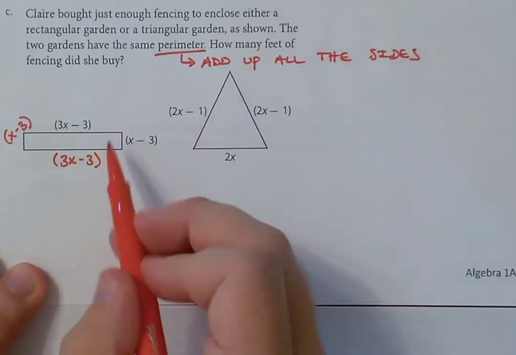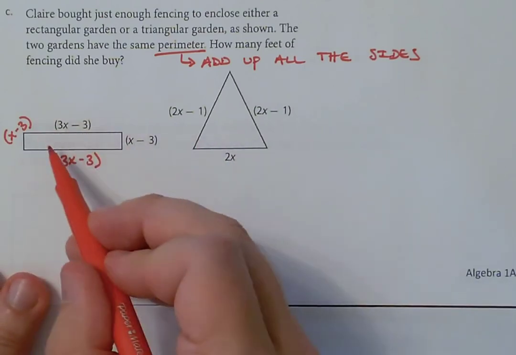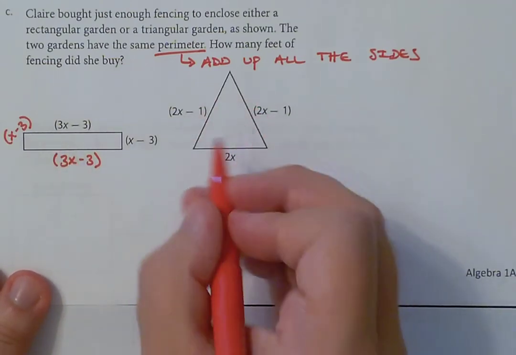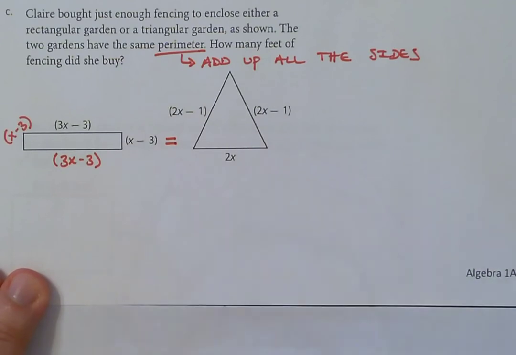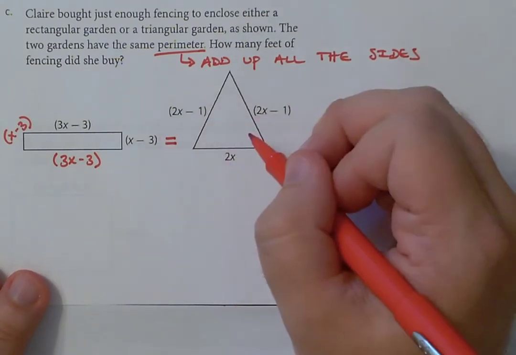So you're going to add up all four sides for the rectangle, add up all three sides for the triangle, and then set those two expressions equal to each other, figure out what x equals, and then plug it back into one of them.